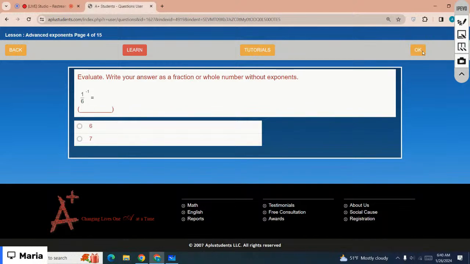The next one is 1 over 6 exponent negative 1. So, which is the correct option?